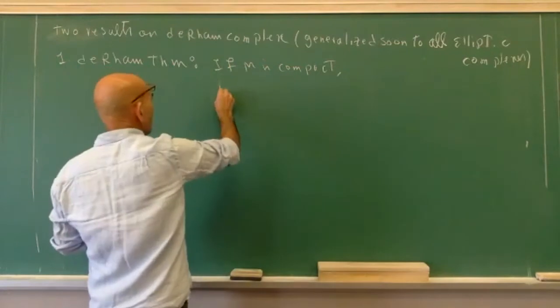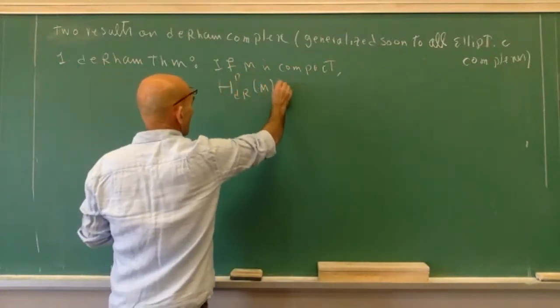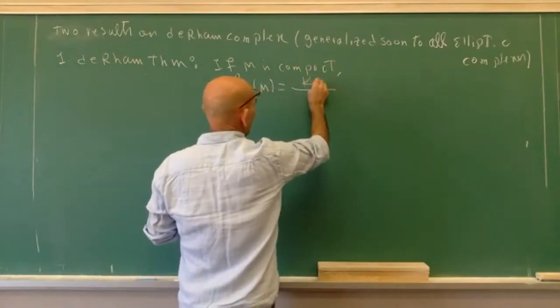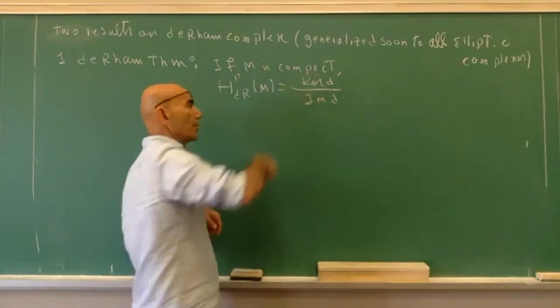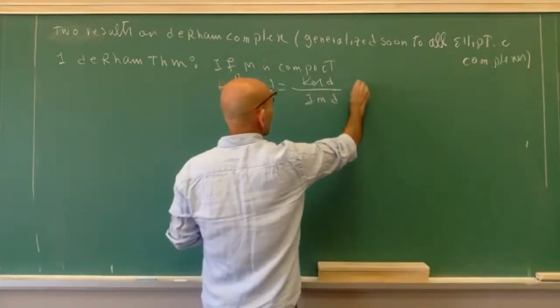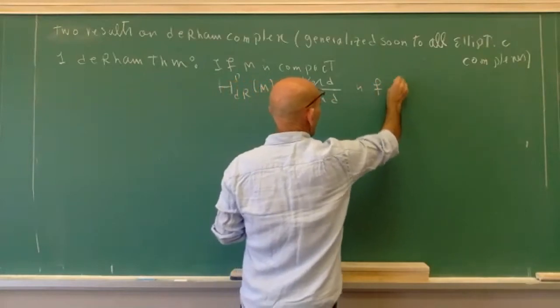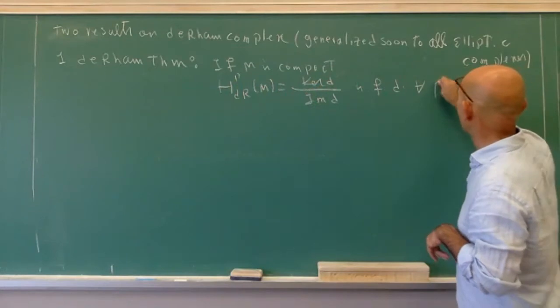So if M is compact, the de Rham cohomology group H^p_dR(M), which is the kernel of d modulo the image of d, going from the right places to the right places, is finite dimensional for all p.